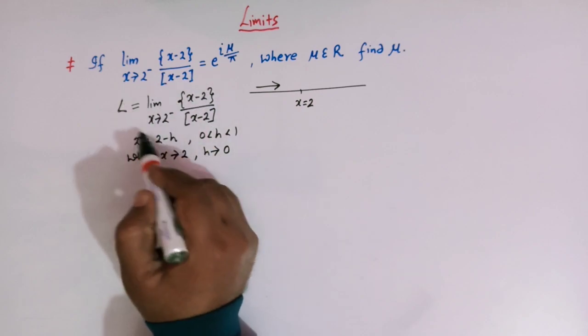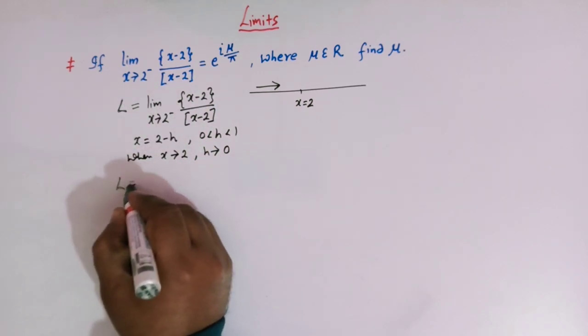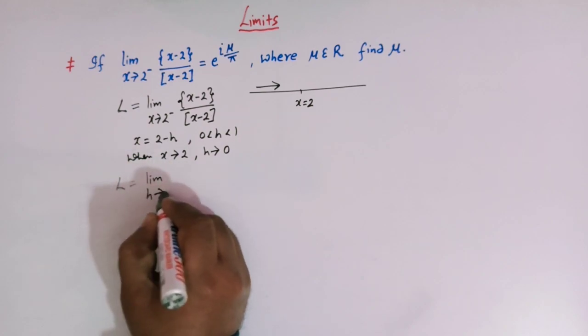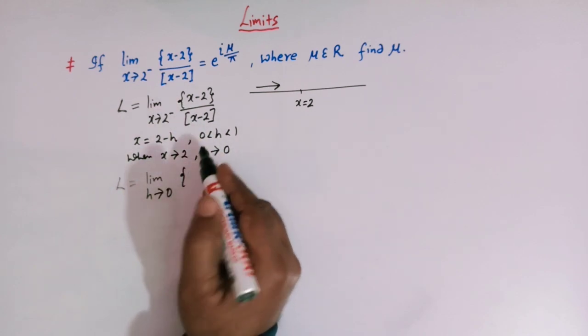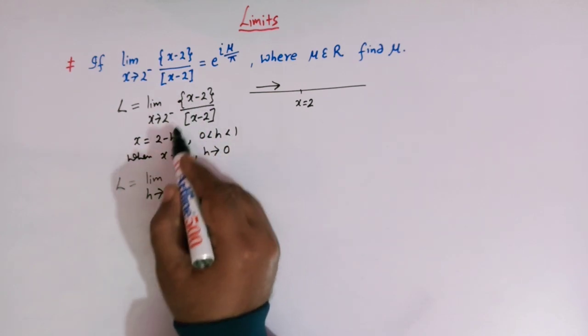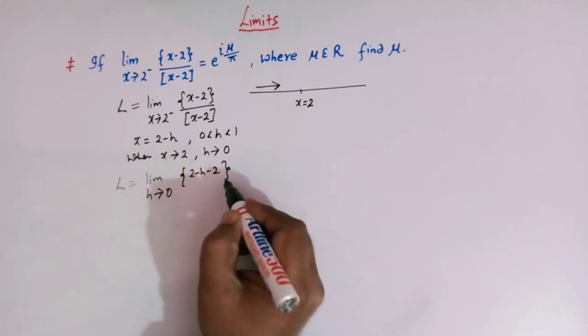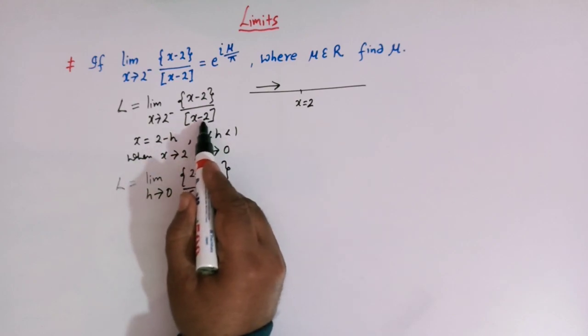So now this limit takes the form in terms of h as limit h tends to 0, and here we have fractional part of x minus 2. So for x we can write 2 minus h minus 2, and then we have the greatest integer of x minus 2.